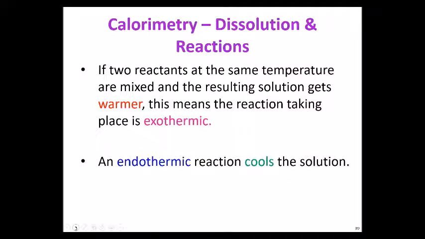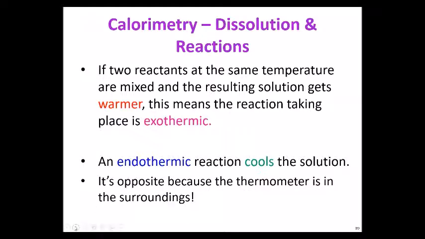Now, why is this? The important thing is to remember here about your thermometer. Where is the thermometer or the temperature probe located? It is located in the surroundings. So it's measuring from the surroundings perspective. So what's going on in the system is opposite. If the temperature is rising, that means the surroundings are gaining heat.